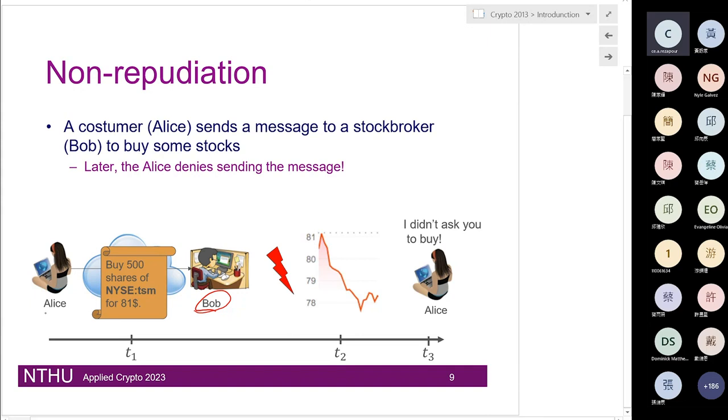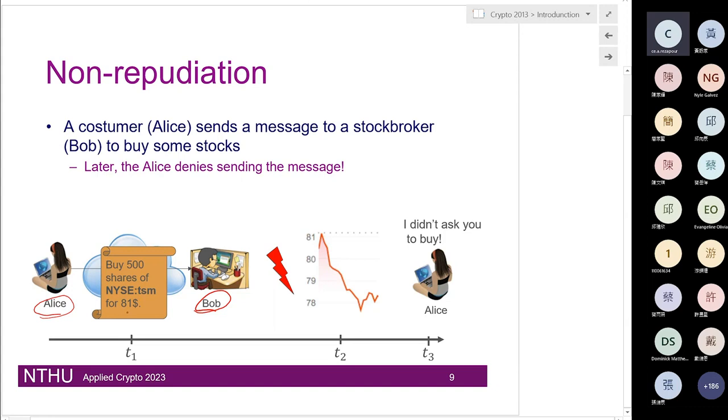So Alice is checking the internet and she finds out that the stock of TSM, which stands for TSMC, Taiwan, is around 81. It's going up.